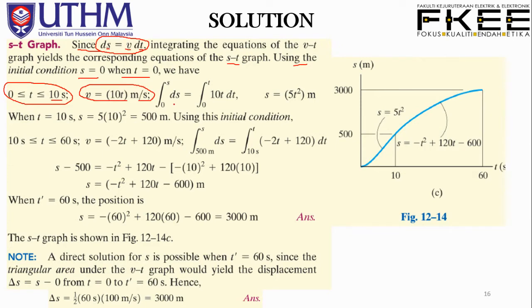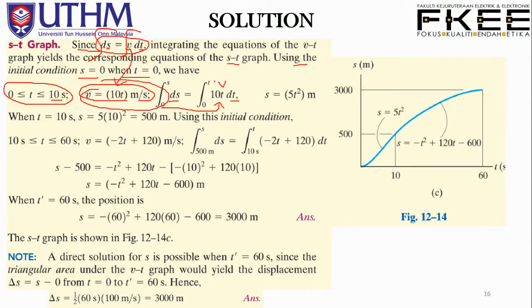So we try to derive these two: ds equal to v dt, where this v goes to this one, which is actually v equal to 10t. Then we have dt, so integrate from 0 up to s for distance, and 0 up to t for time.